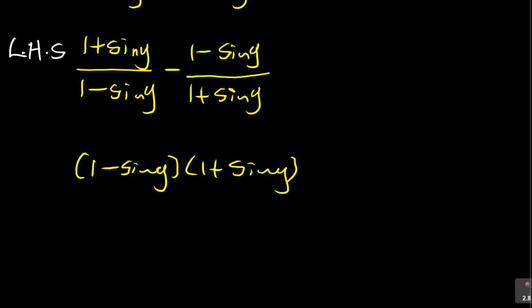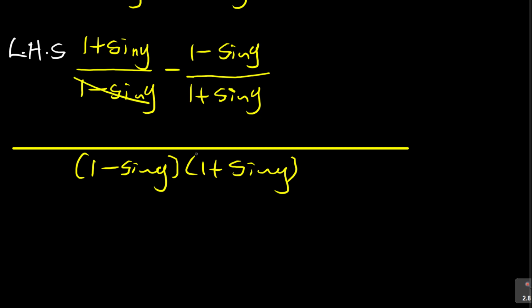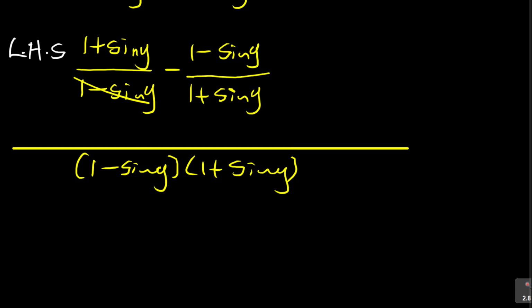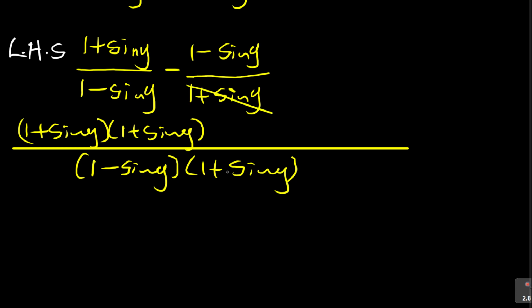Remember, we're talking about fractions. If I simplify this, 1 minus sin y will cancel 1 minus sin y, and then I'll have that going to the top and multiplying. So I will have 1 plus sin y multiplying again 1 plus sin y, and similarly I cancel the bottom with that for the second.